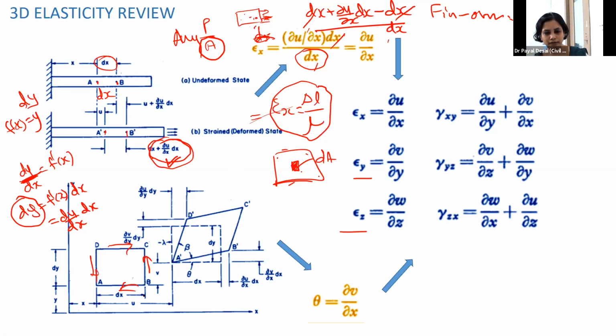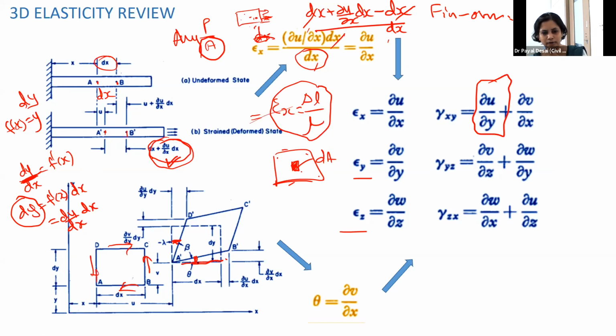And if it is in the x and y axes, here gamma xy is being written. So how much is the change in the angle? That is theta. You may see here that u is increasing with respect to y. You just have to see how much is the increase with respect to which axis.